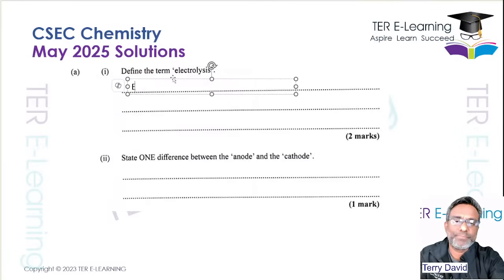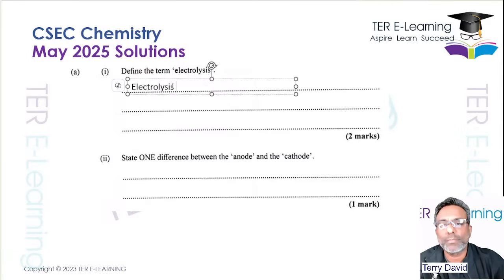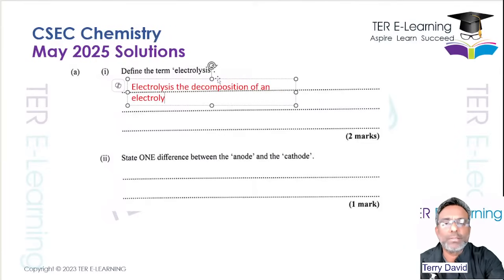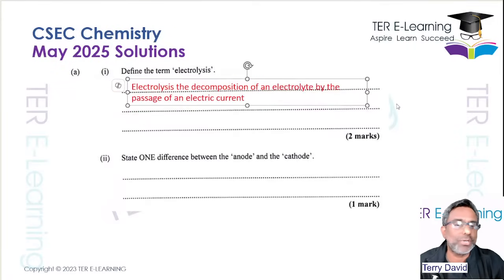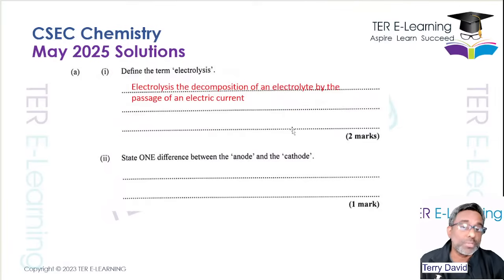Electrolysis is simply the decomposition of an electrolyte by the passage of an electric current. So basically, if you pass an electric current through an electrolyte, it is going to decompose. That is what electrolysis is.